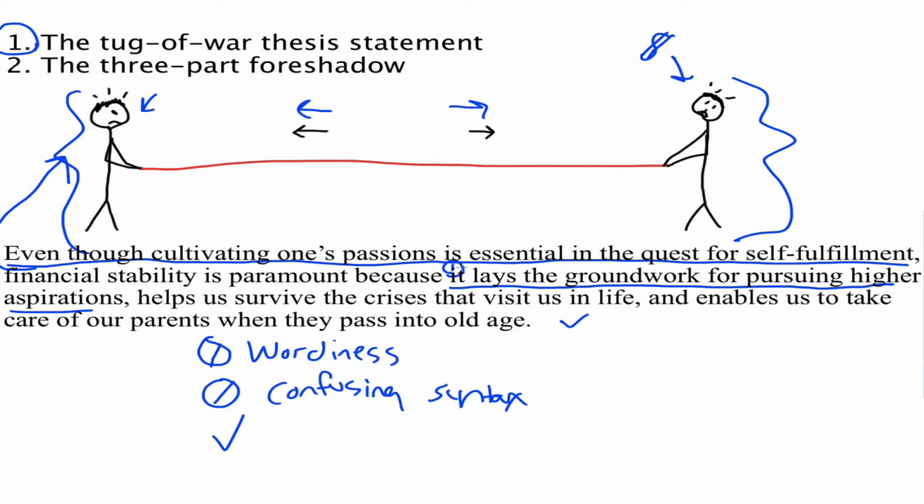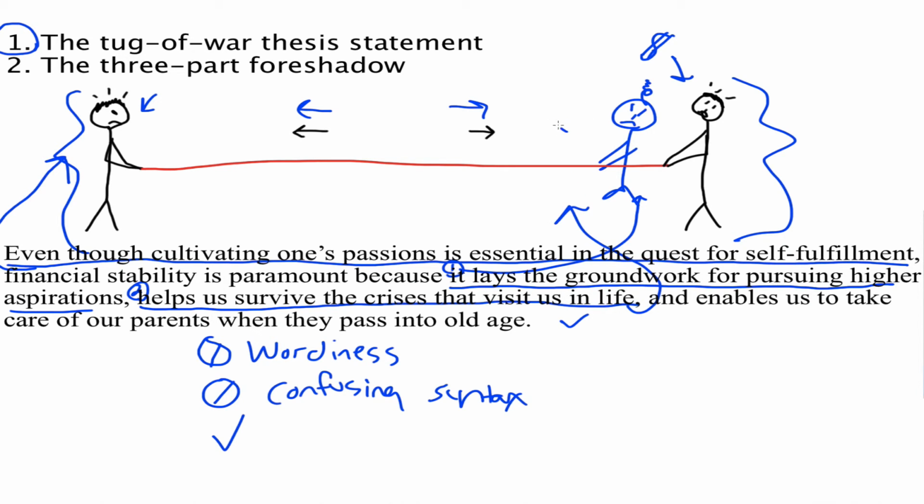That is like another stick figure on this side of the rope pulling along. I want to give it a mean face, a funny little thing on the head. Anyways, and then the second reason is financial stability helps us survive the crises that visit us in life.